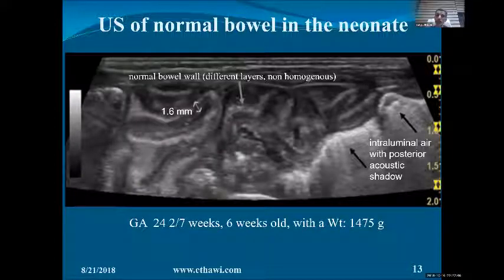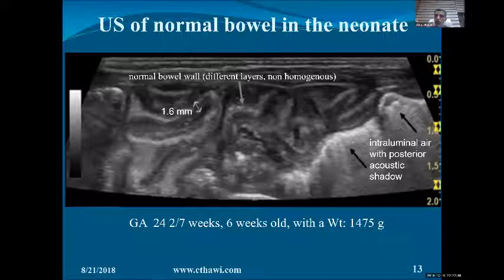So the thickness will increase with the gestation, and that's why the range is from 1.1 to 2.6, because gestation interferes. Like a term baby will probably have 2.4 to 2.5 to 2.6, while a 24-weeker will have like 1.2, 1.3. And this is a 24-weeker, and you can see the thickness is about 1.6. And remember, the measurements sometimes have some subjectivity.